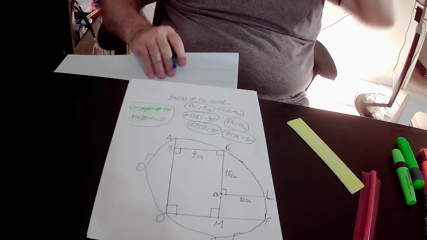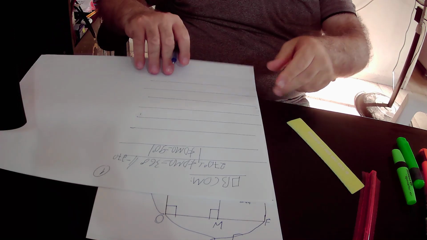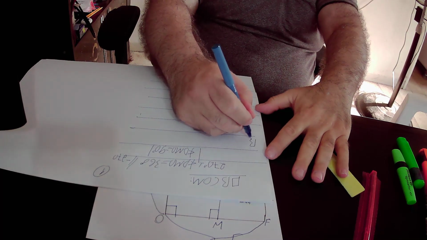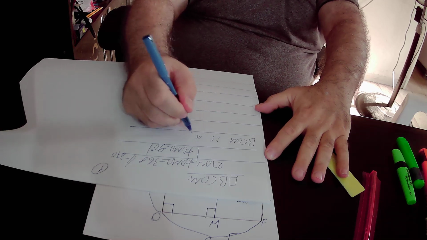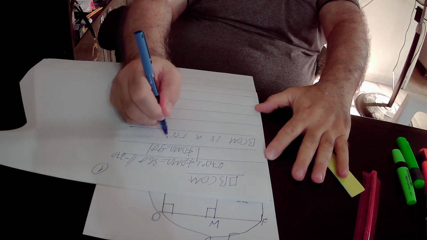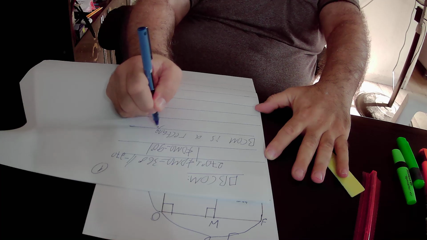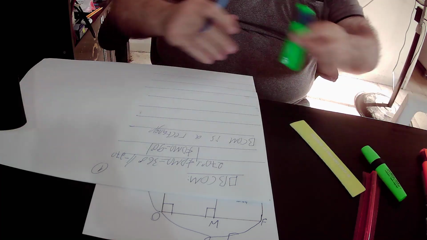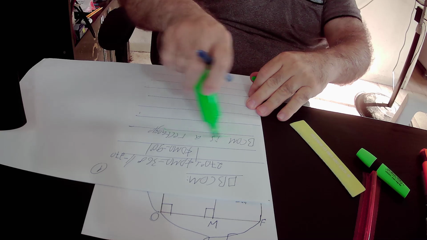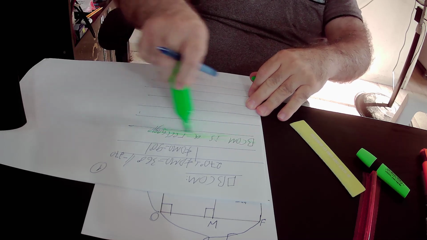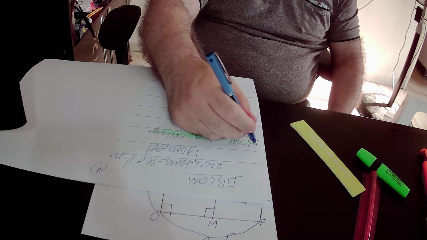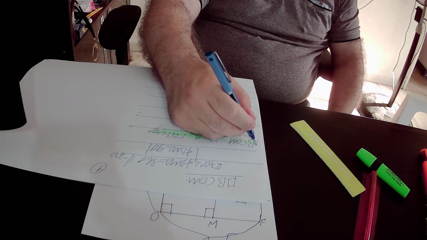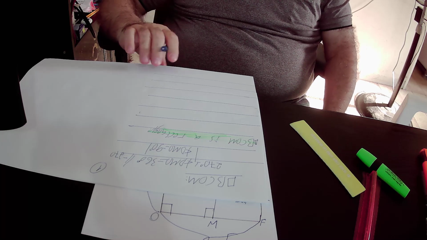So we will relate to quadrilateral BCOM as a rectangle. Why? Because it has 4 right angles. Okay, quadrilateral BCOM is a rectangle, and we also know that the opposite sides of a rectangle are equal to each other.